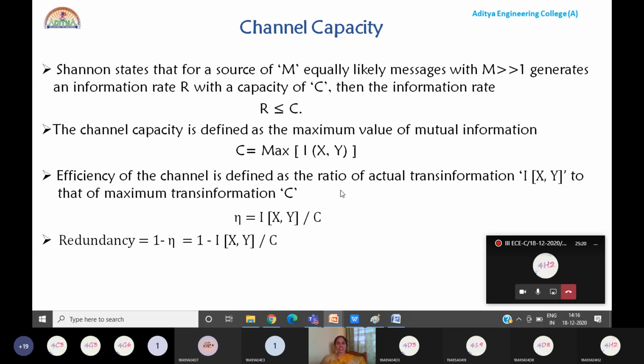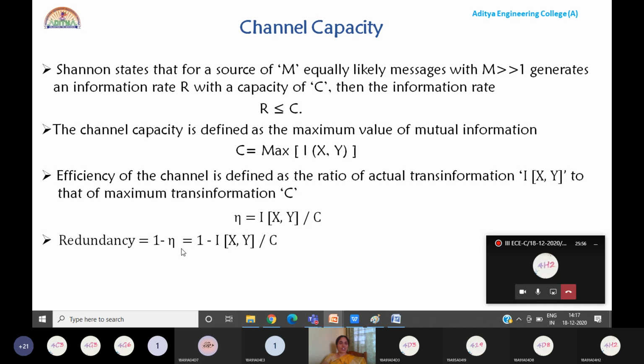And the efficiency is defined as the ratio of mutual information to the maximum of mutual information. So I of xy divided by the maximum of I of xy, which is nothing but the channel capacity. So efficiency is the ratio of the actual transinformation I of xy to the maximum transinformation C. So eta is equal to I of xy divided by C. And 1 minus that efficiency gives you the redundancy.